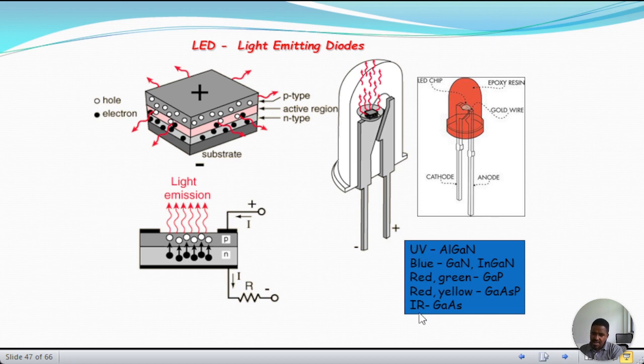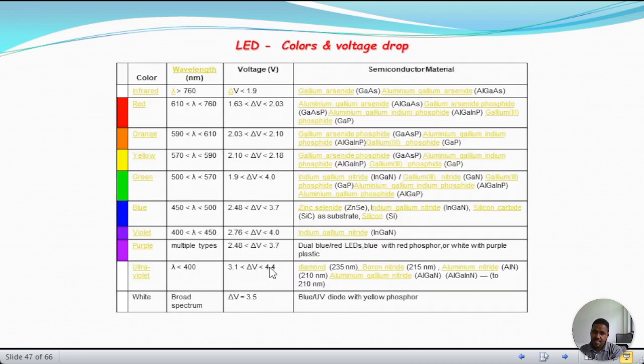Different colors come from different semiconductor materials. Look at this table of LED color and voltage drops. For the color infrared, the wavelength is up to 760 nanometers and the voltage drop is less than 1.9 volts. The semiconductor materials for infrared are gallium arsenide and aluminum gallium arsenide.